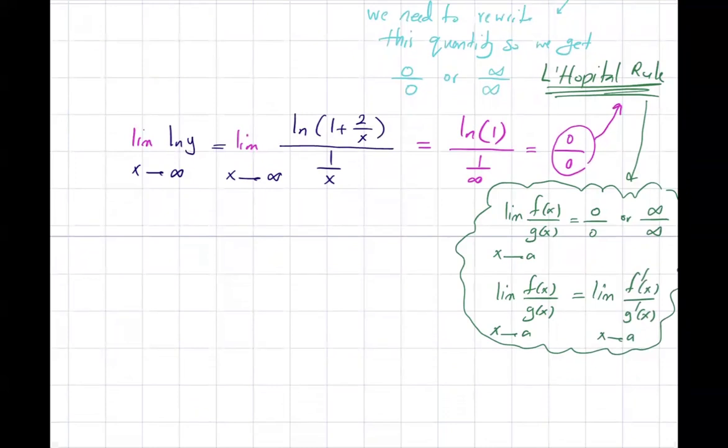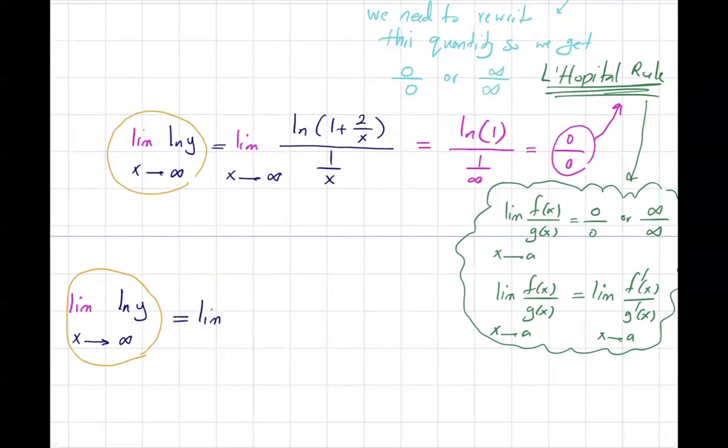So the limit on the left, the limit of ln y. Pay attention, everyone. I'm not applying L'Hopital's rule on the left-hand side. My left-hand side stays the same. The limit of ln y stays the same, is equal to. Now on the right-hand side, I'm applying L'Hopital's rule.